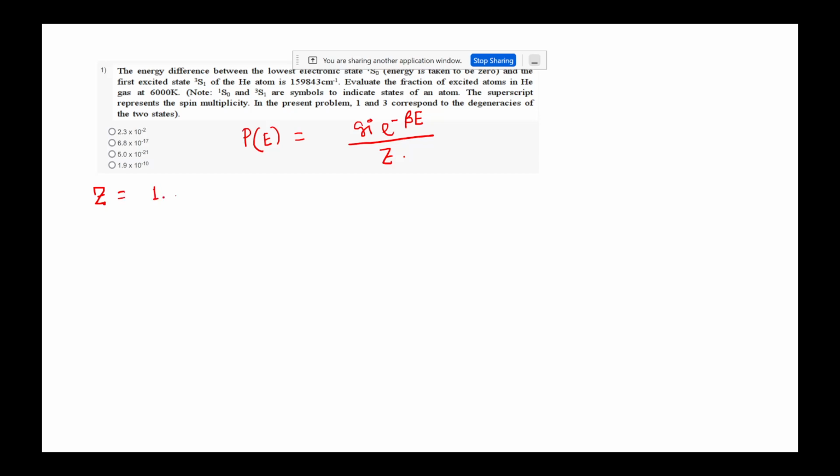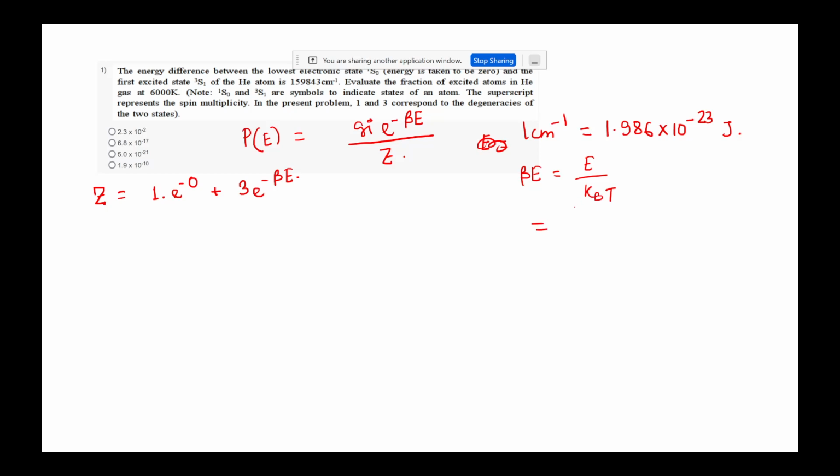First degeneracy is 1, e to the power minus 0, plus there is energy and degeneracy is 3, e to the power minus beta E. Now this E is, 1 centimeter inverse is equal to 1.986 into 10 to the power minus 23 joule. Now we will convert this, means beta E will be E by kBT.